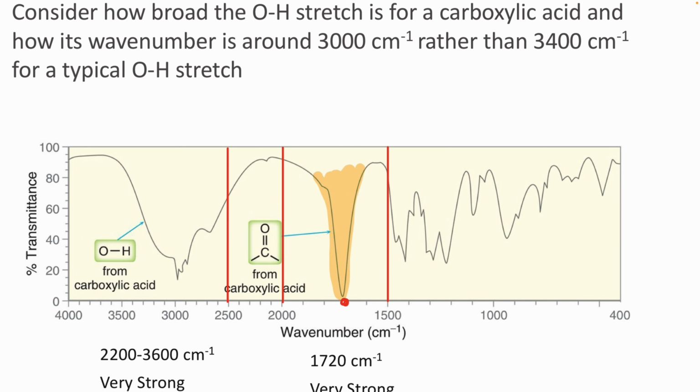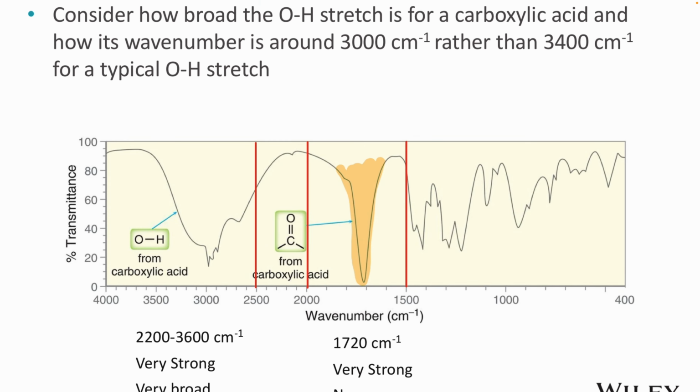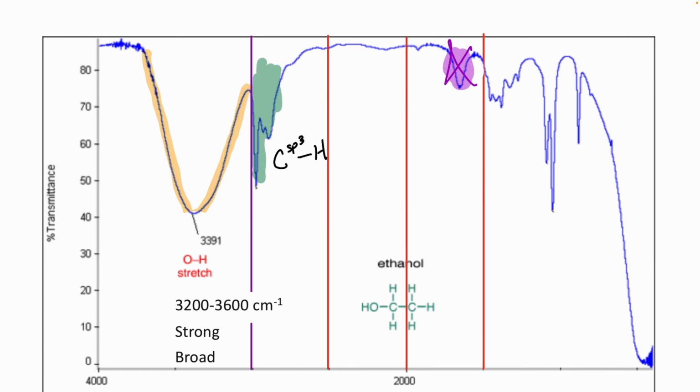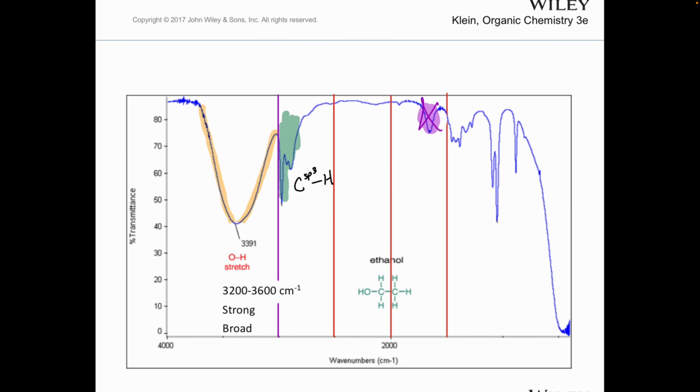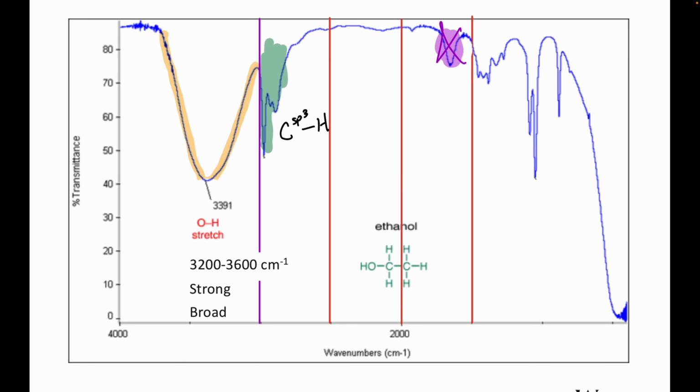Our OH bond is a little bit unique for a carboxylic acid. Just to kind of show our alcohol here, there was a little bit of daylight between that OH bond and our sp3 carbon-hydrogen cluster of peaks that we always see. We laid down that marker at 3,000, and that big, broad alcohol peak all sat north of that 3,000 marker.